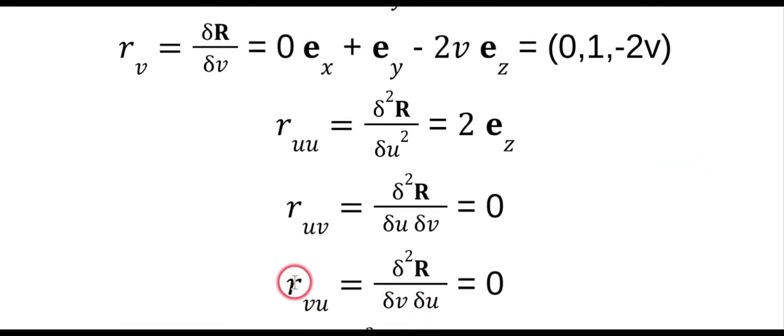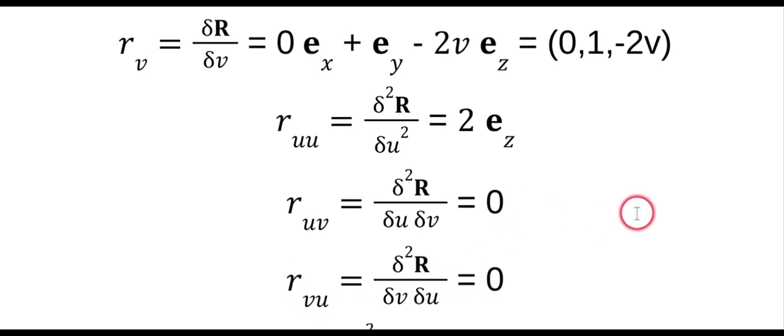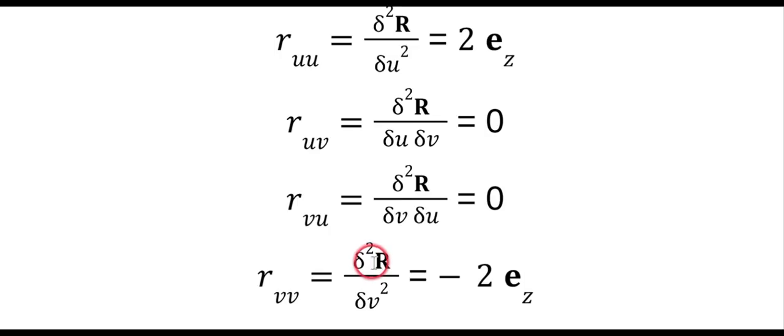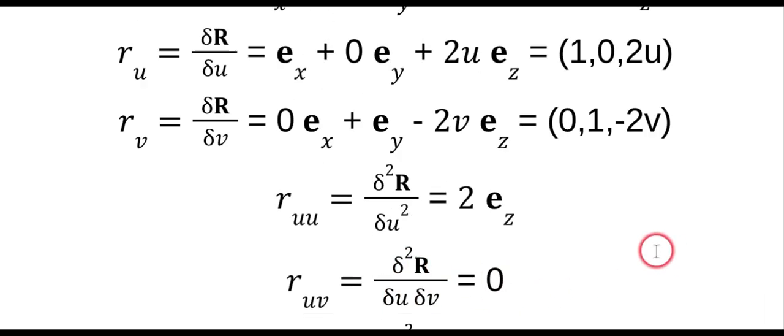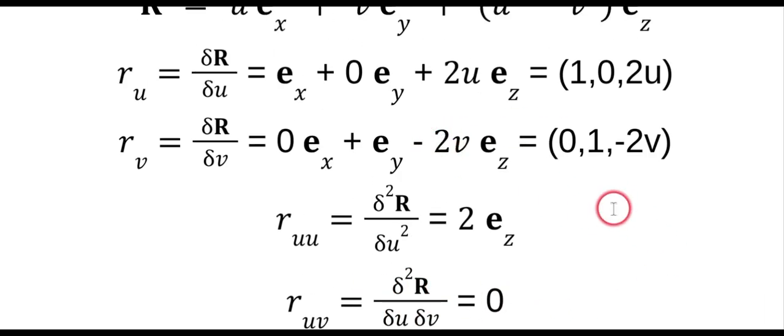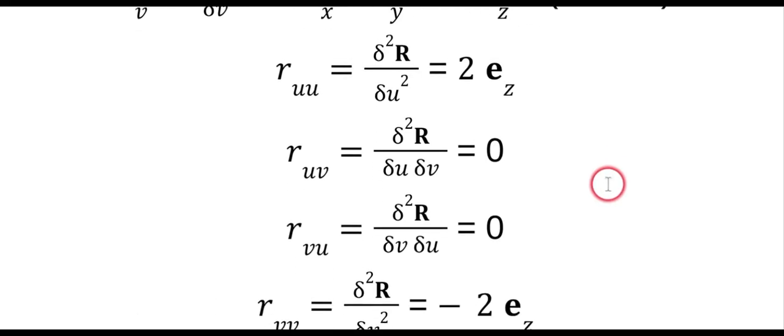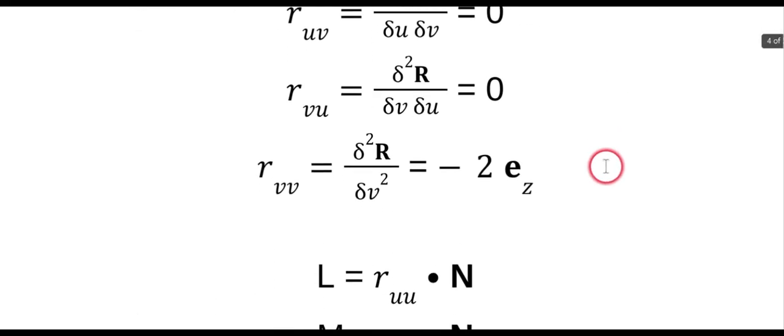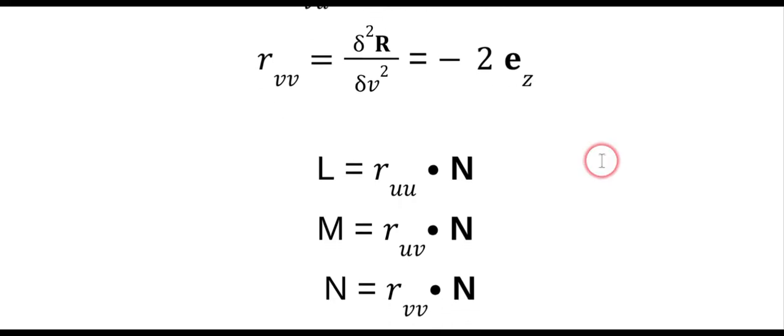The derivative of R_v with respect to u is also 0. There's nothing in it. And then the second derivative of r with respect to v is just minus 2. All right, so now we have what we need to set up this odd-looking thing.